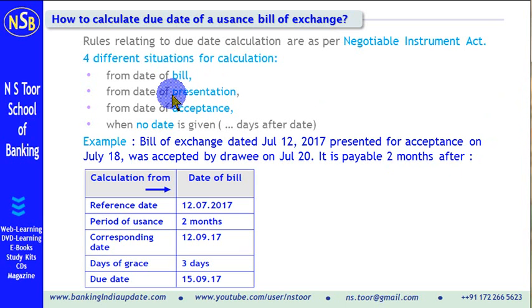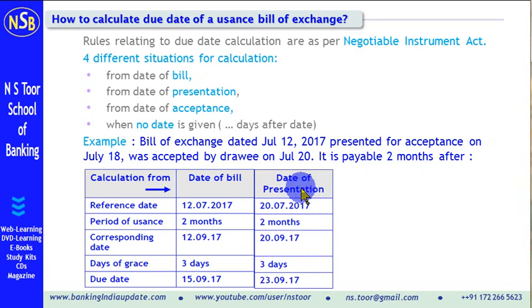Now let us go to the second situation. If the question is it is payable 2 months after date of presentation. Now, date of presentation is July 18, but according to rules specified under Negotiable Instrument Act, when calculation is made with reference to date of presentation, the reference date shall be taken as date of acceptance.